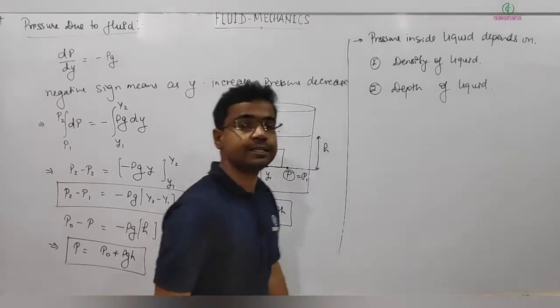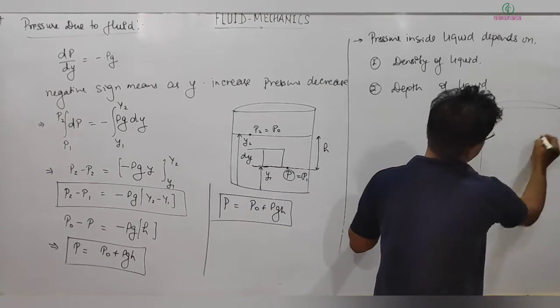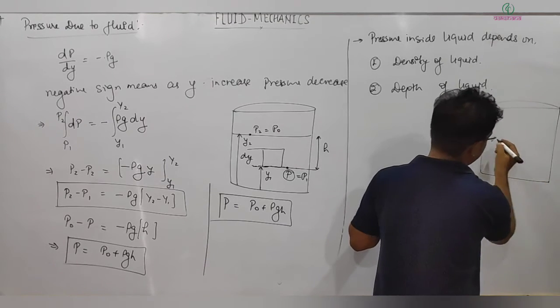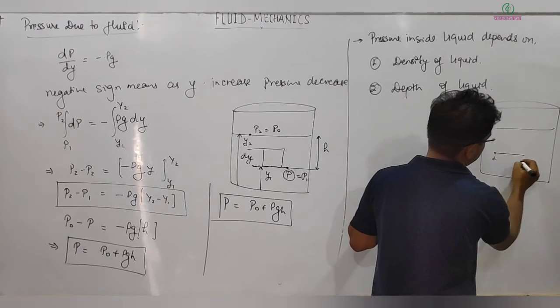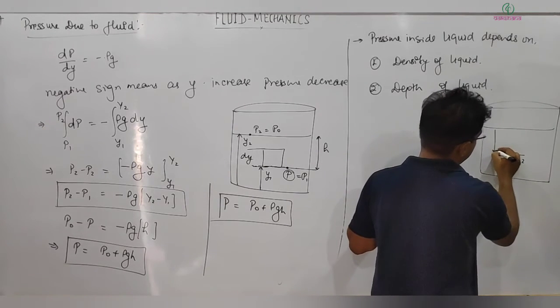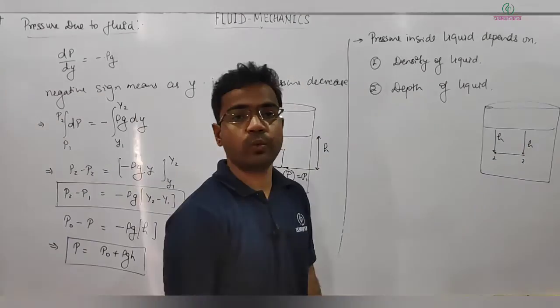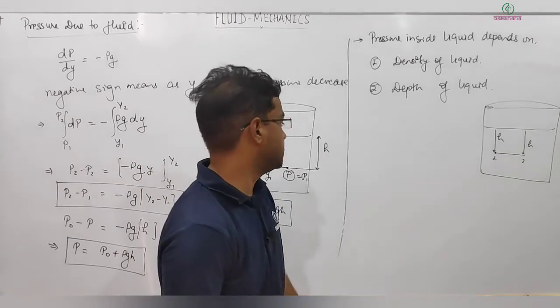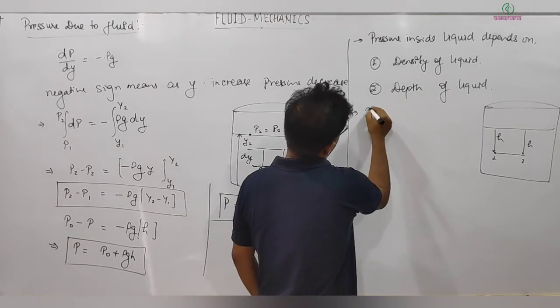So if I am considering two points in the liquid at the same level, let's say it's filled, and here I am considering two points. This is point 1, this is point 2. Both are at the same level H. Then pressure at point 1 will be equal to pressure at point 2 because it simply depends on H.